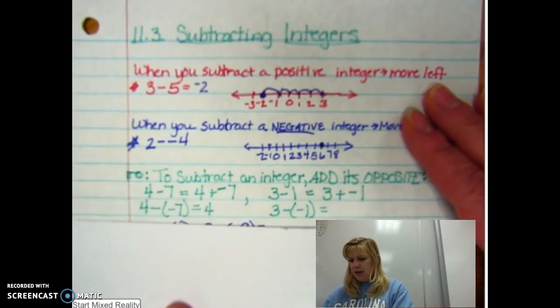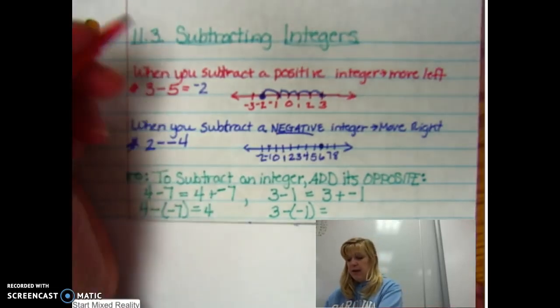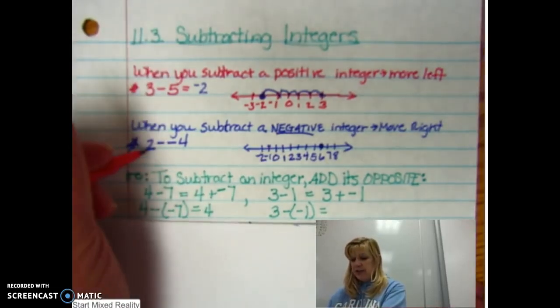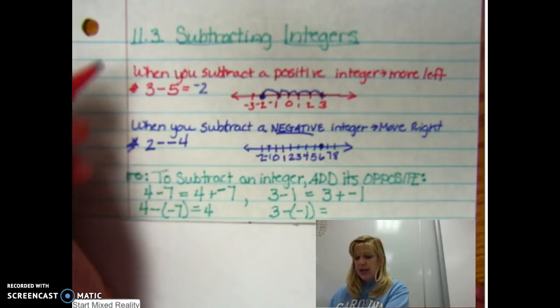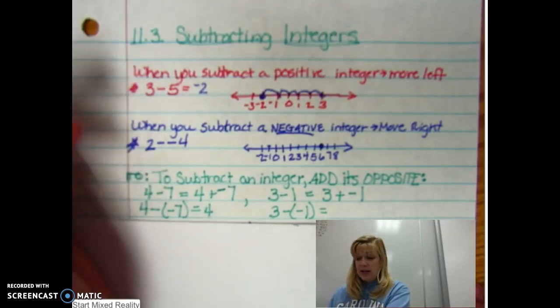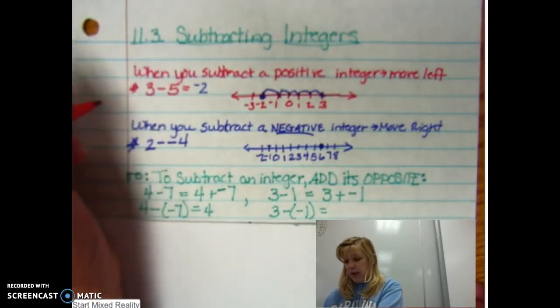So we're going to talk first of all about what I always do. This is ingrained in me since I took math. Whenever you see a subtraction sign, you always make it into an addition sign.